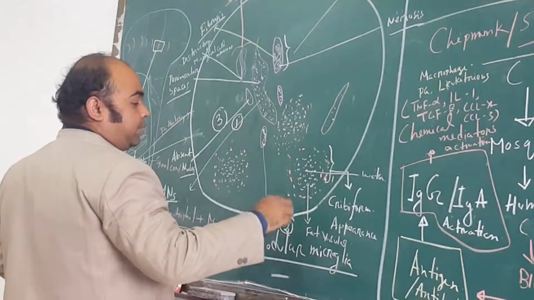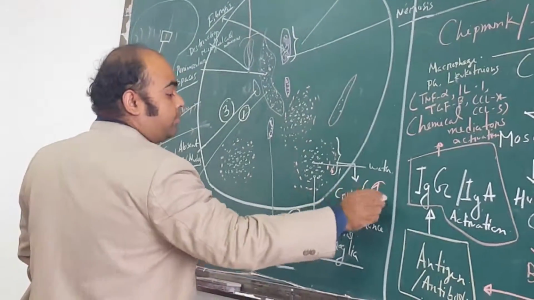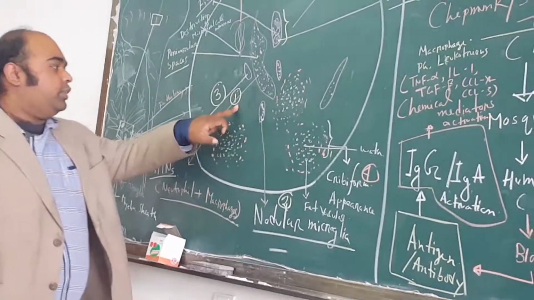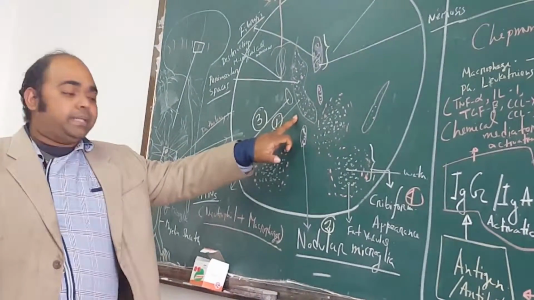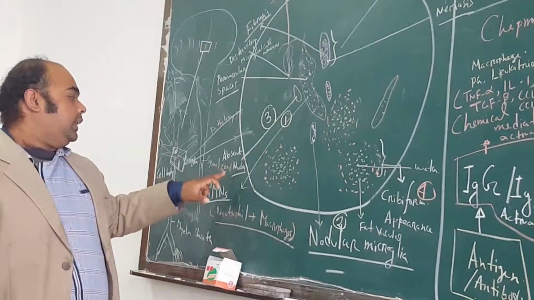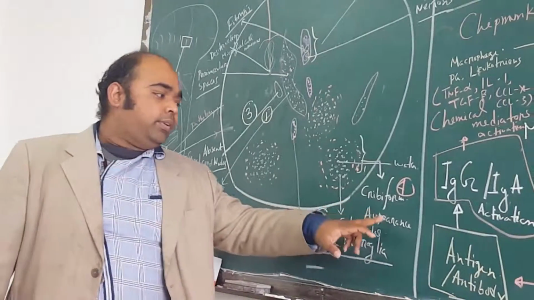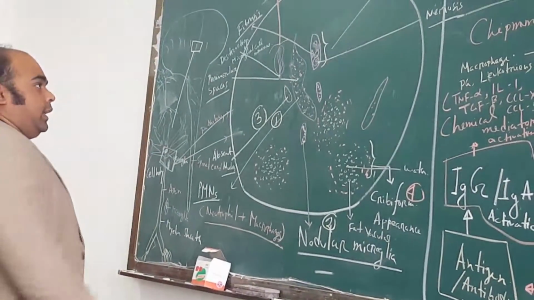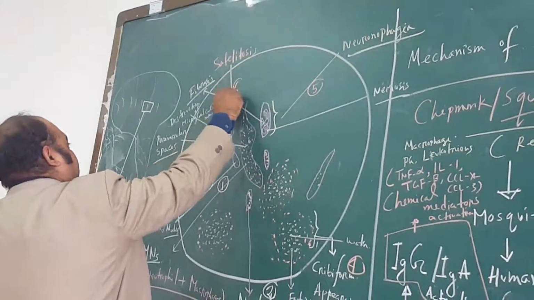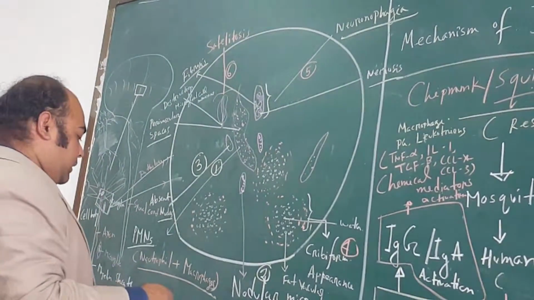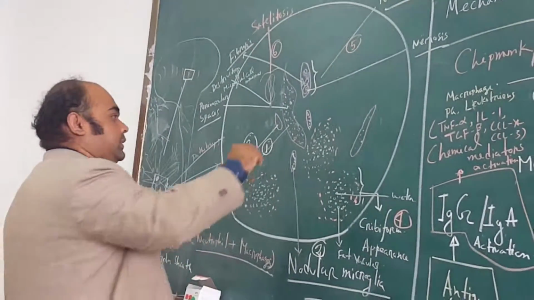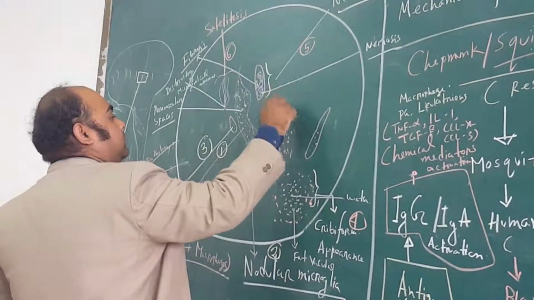Number four, cribriform appearance. Number five, neuronophagia. Number six, satellitosis. That's all about the features of epidemic encephalitis.